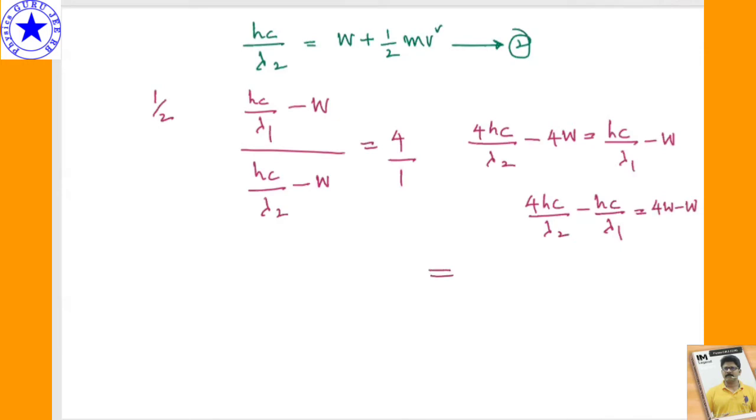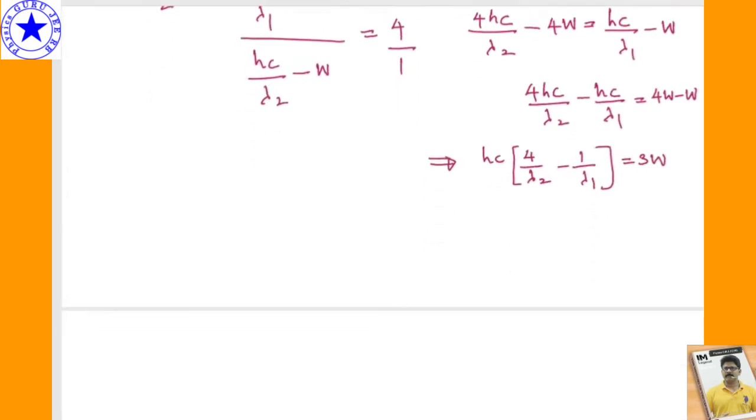Then if I take hc common, 4 by lambda 2 minus 1 by lambda 1 equals 3W. So now W equals 1 by 3 hc into 4 divided by lambda 2 minus 1 divided by lambda 1. Hope it is clear till this point.